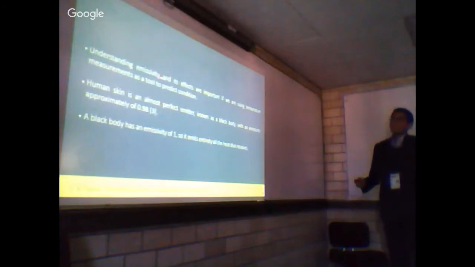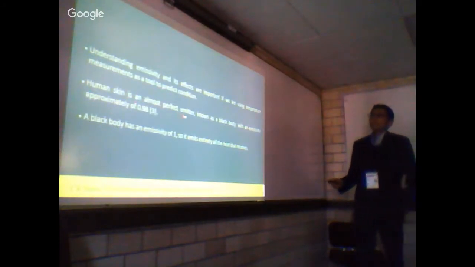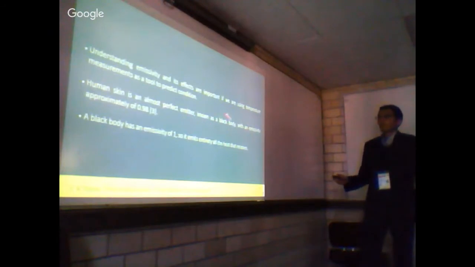Understanding emissivity and its effects is very important as we are using temperature measurement as a tool to predict conditions. Human skin is an almost perfect emitter, known as a black body, with an emissivity of approximately 0.98.